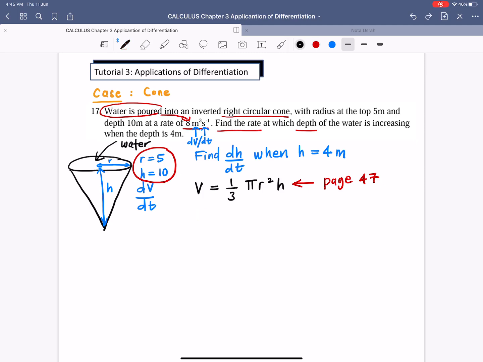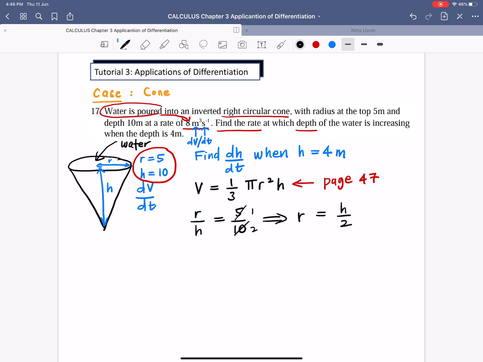We can write the ratio r over h equals 5 over 10. And from here, we get that r equals, because this is 1 over 2, r is h over 2.